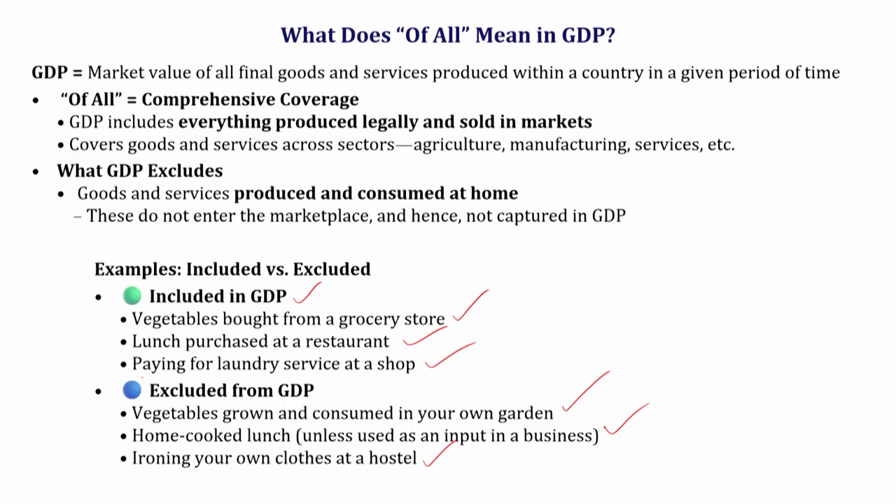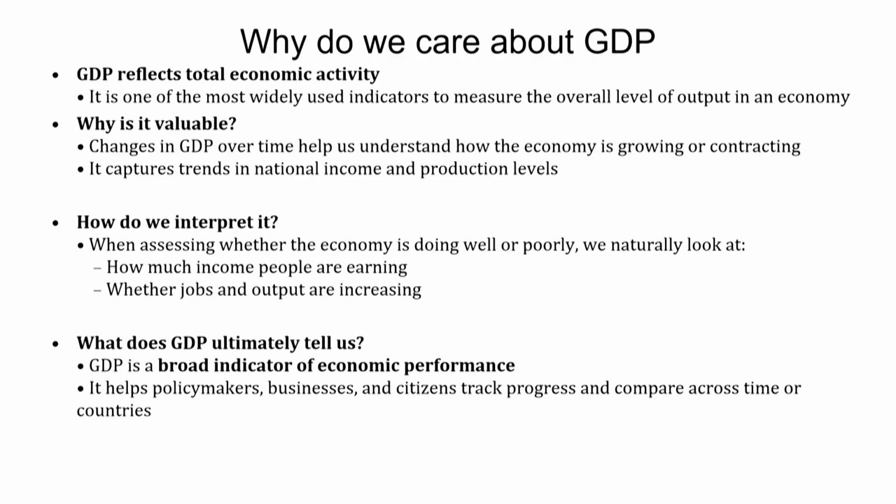So we see there are lots of limitations of GDP, because it includes so many items, but at the same time it excludes many other components that are also part of economic activity but do not come into the GDP measurement.